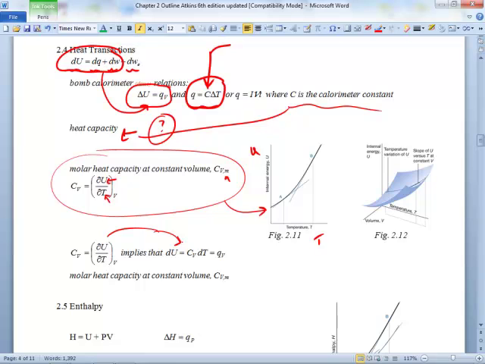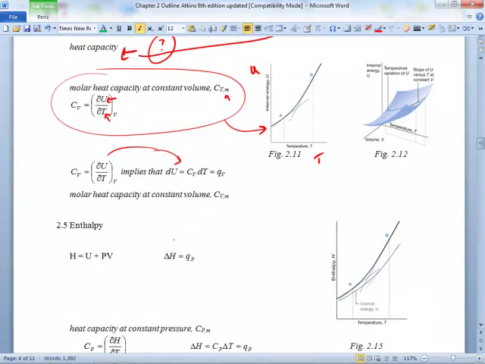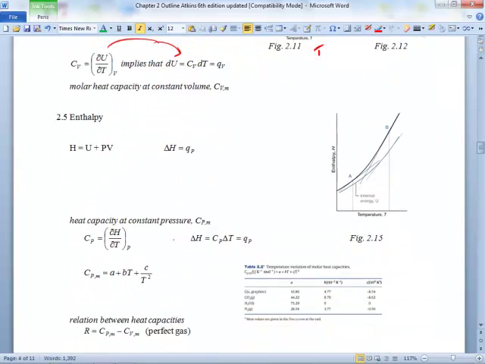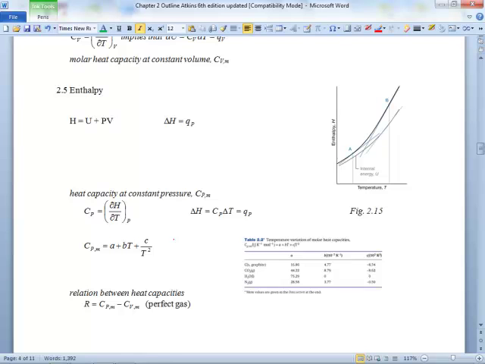Enthalpy. Enthalpy is internal energy plus pressure times volume. Change in enthalpy is Q sub P. You said this a few times in general chemistry, but I don't know if you caught on. What does that mean? Enthalpy is really what?